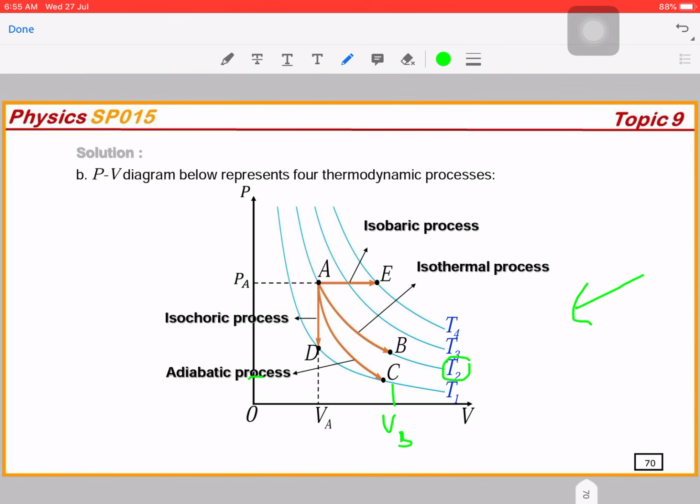Alright, for A to D, there is no change in volume, but there is change in pressure. And last but not least, from A to E, isobaric process, there is no change in pressure, but the volume changes from VA to VB.